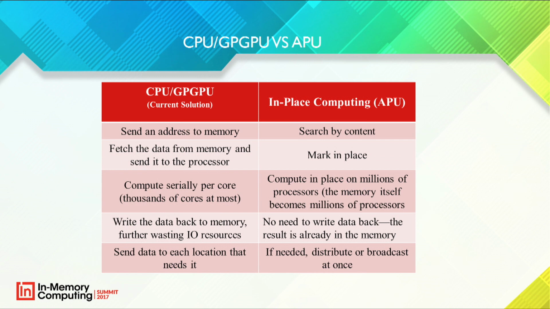In an associative processor, we just mark in place where we want to do the processing. In the CPU and GPU, we compute serially per core, and here we compute in place on millions of data at a time, and also we don't have to write it back. Everything is done in place.